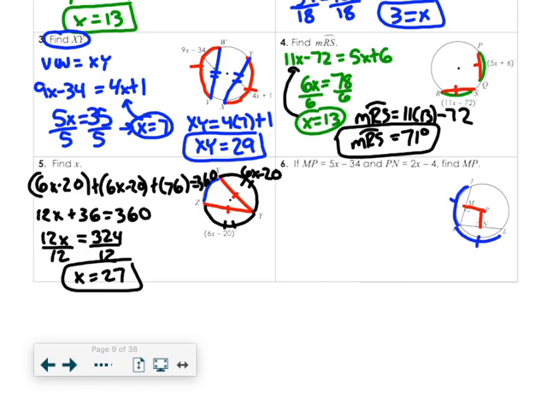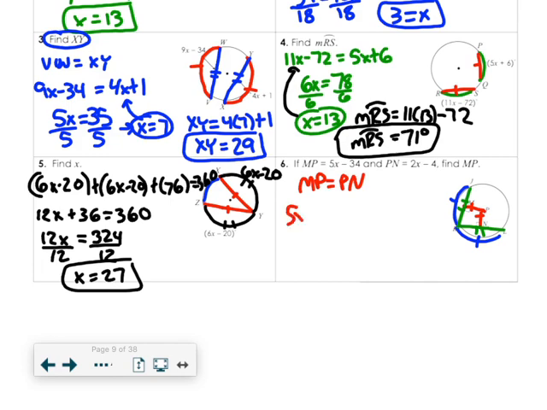What that tells us is that these chords are congruent. So this piece has to equal this piece. What that means, from what we said at the beginning, is that this distance from the center has to be the same. So this piece has to equal this piece, the red and the other red. MP has to equal PN.